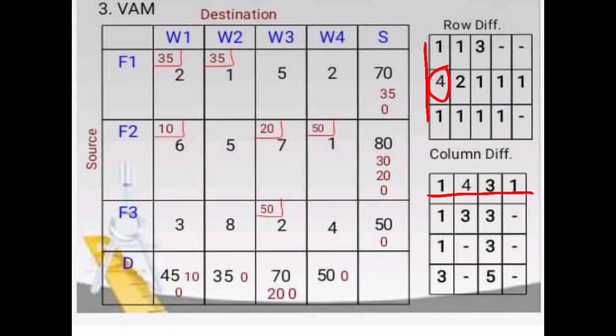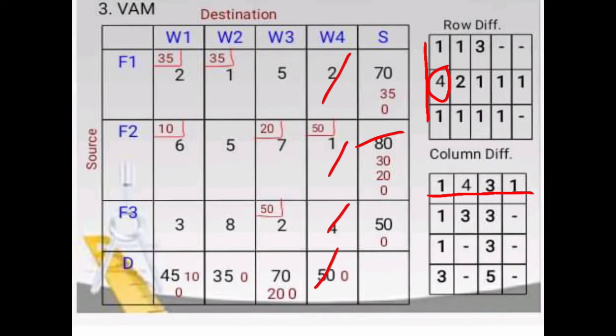From the supply we have 80 and from the demand we have 50. We find the lesser value, which is 50. So we allocate 50 here and cancel out, and 80 minus 50 leaves a remainder of 30. Because the demand has been satisfied, we cancel out the following cells.